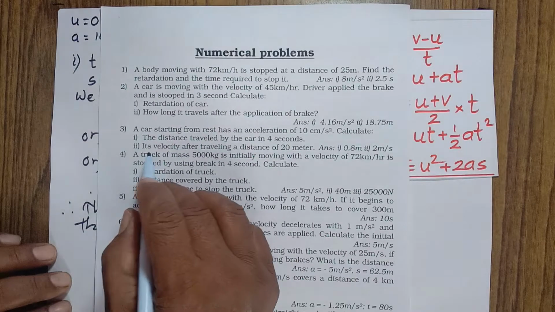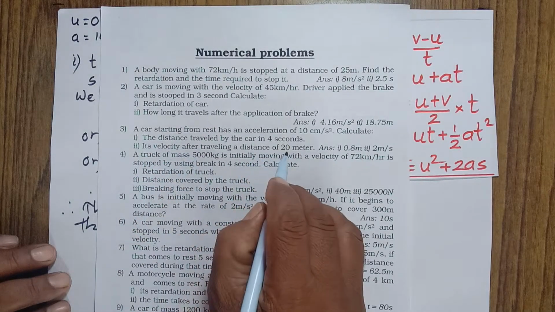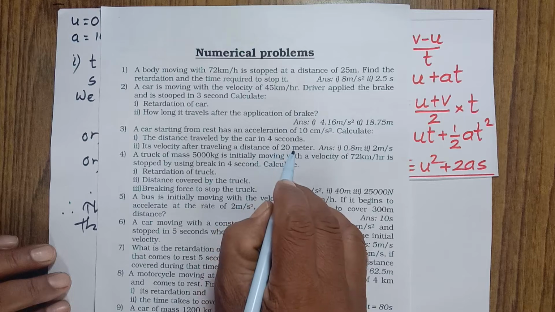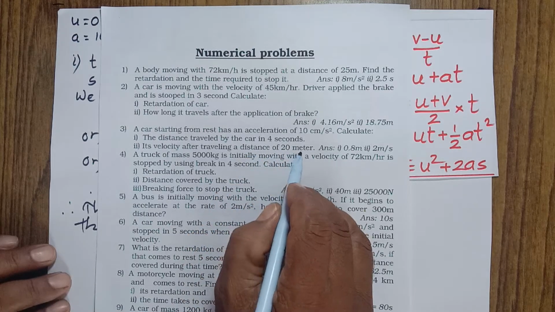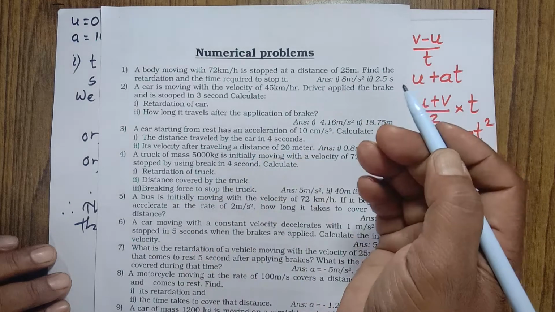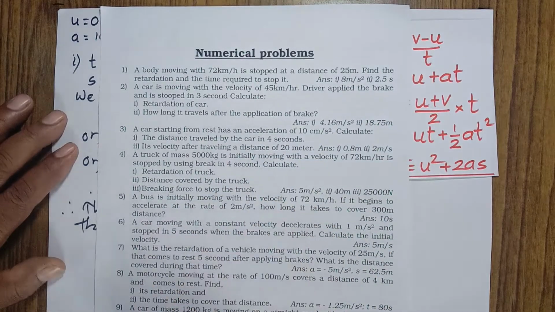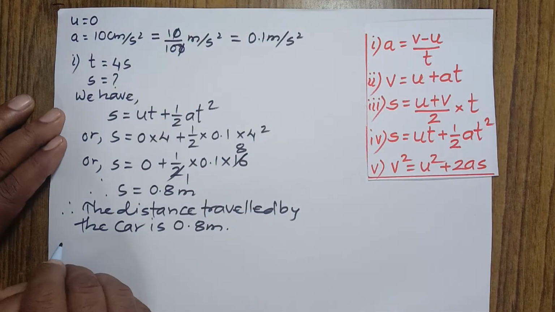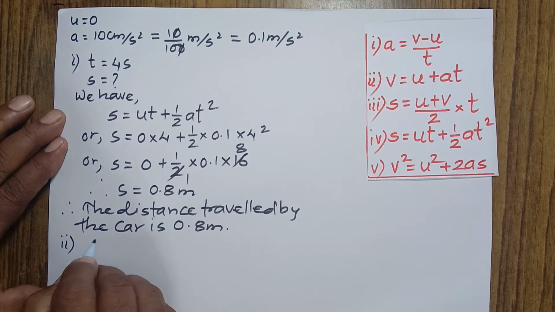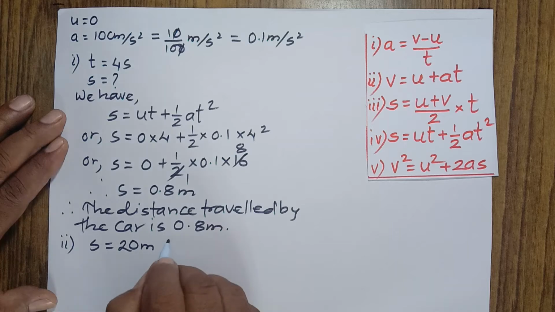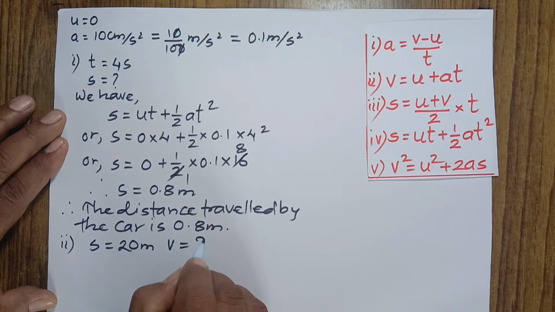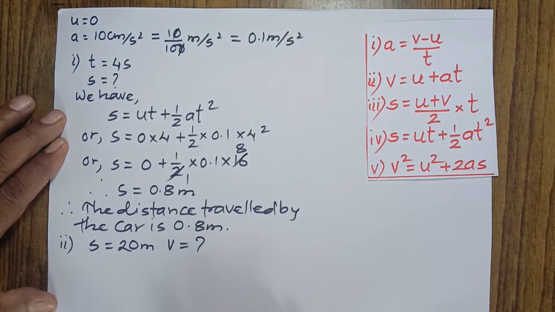Now let's go to second part. Its velocity after traveling a distance of 20 meter. Again one information is given, 20 meter. When it covers exactly 20 meter distance, how much will be its velocity? Final velocity is asked. That's why number 2, when distance is 20 meter, how much will be its velocity, means final velocity is questioned.